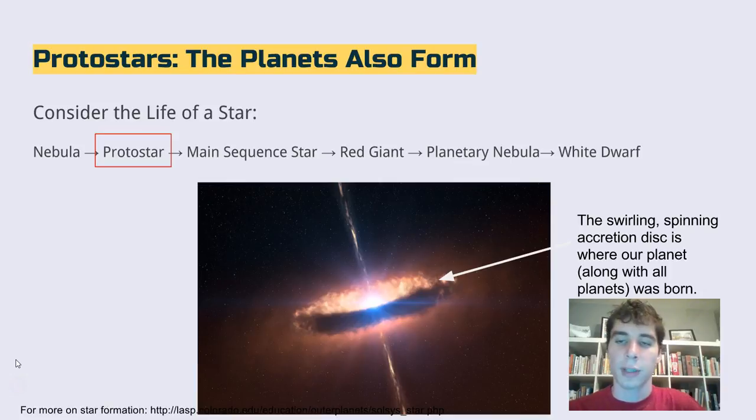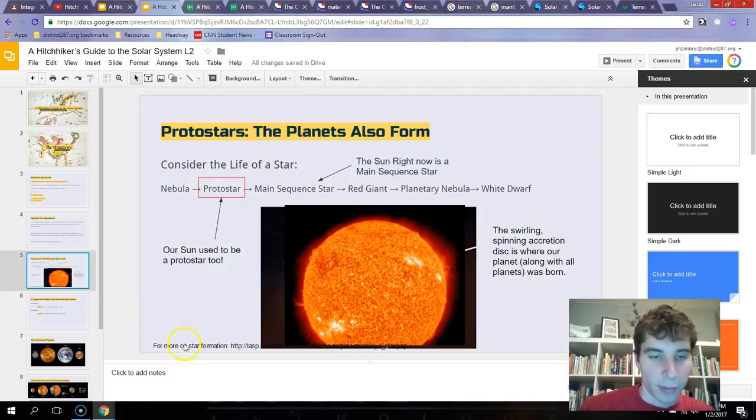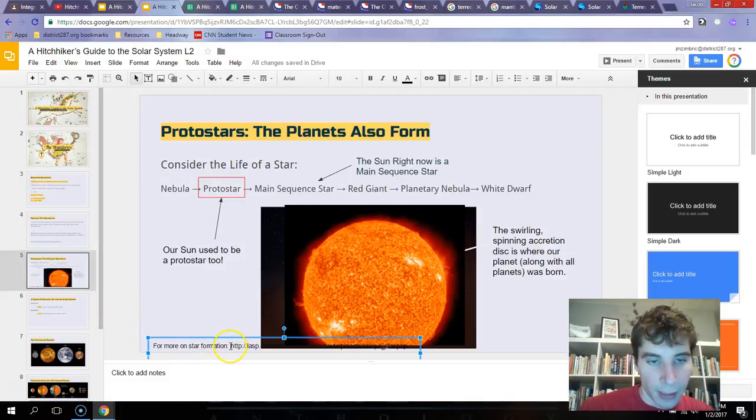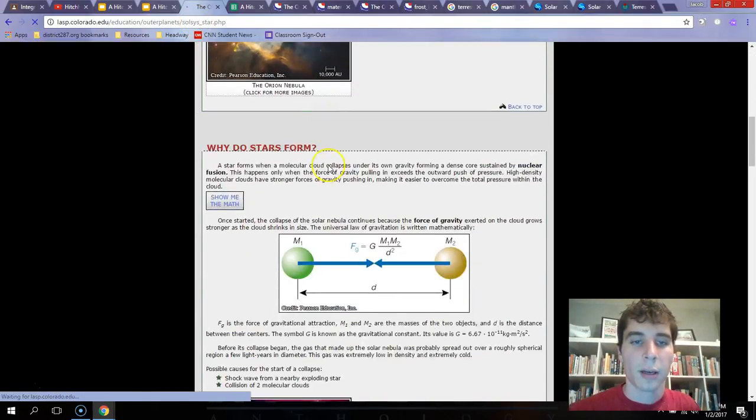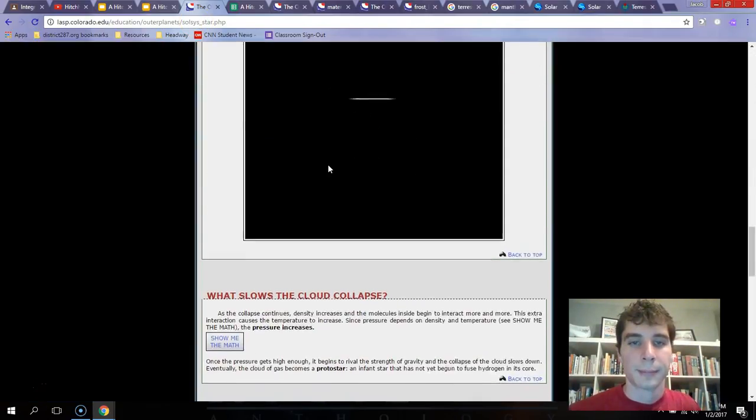So we call this the accretion disk, the protoplanetary disk. Let me show you. I'm going to use this website here. I have it linked in the slides if you want to go look at this yourself, but it has some nice little demonstrations of how planets form.